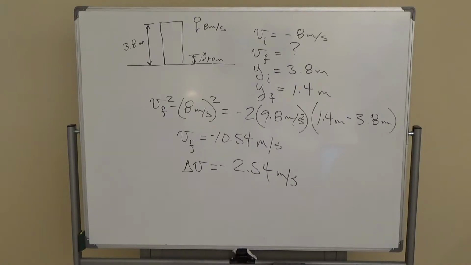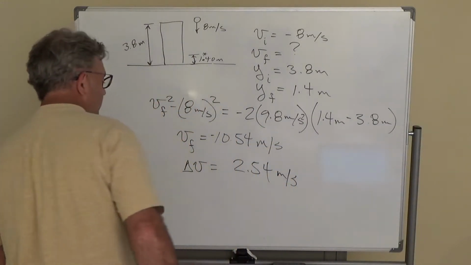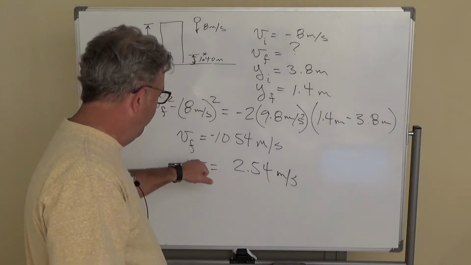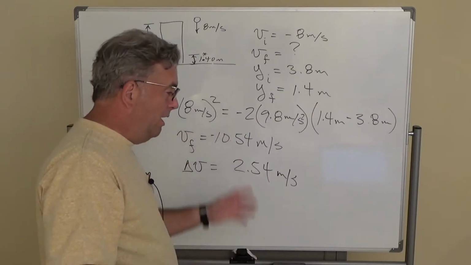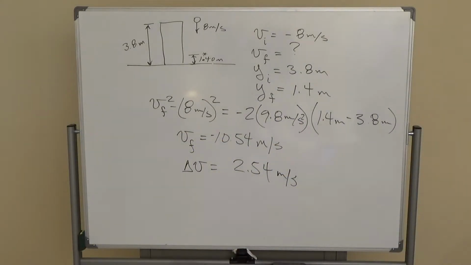Yeah. Okay, they don't want the negative. Deltas really shouldn't be negative, but, well, the way we're defining them, if it were a vector, well, they're saying speed, so it's not a vector, I think. 2.54, see, it looks like it's correct.